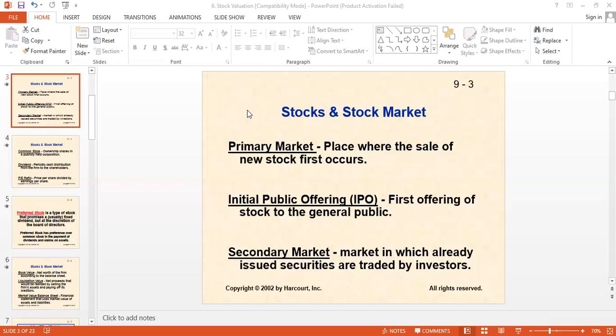For example, for instance, today is the 20th of April. So today the registrar office will advertise that for the next 15 days you have an option. We offer you to come forward and subscribe for shares of Hafsa Private Limited. So they are giving 15 days to common people.